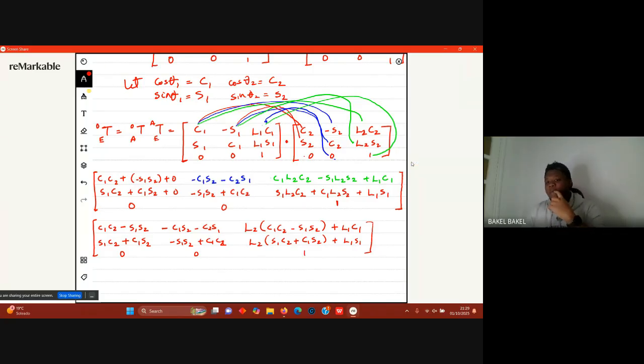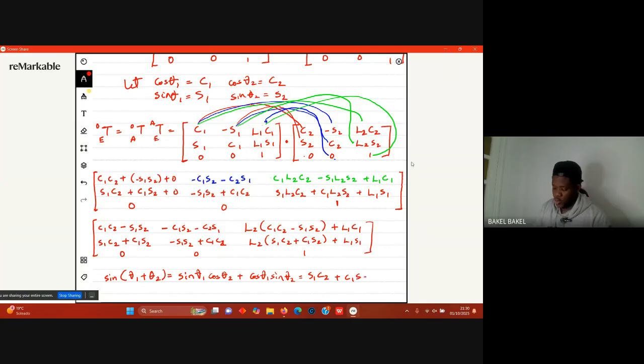And remember something from trigonometry, that sine theta 1 plus theta 2 is equal to sine theta 1 cos theta 2 plus cos theta 1 sine theta 2, which is the same thing as in our case S1 C2 plus S1 S2.